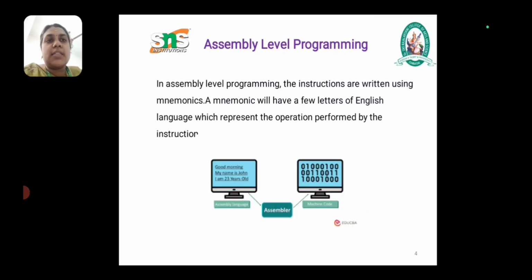And then next, assembly level programming, where we write 16-bit addition and similar programs.